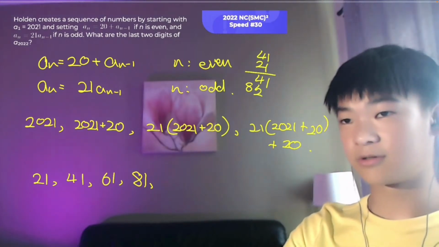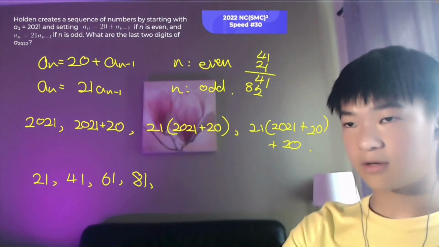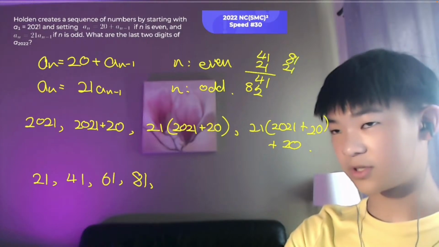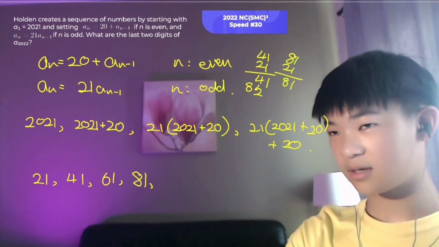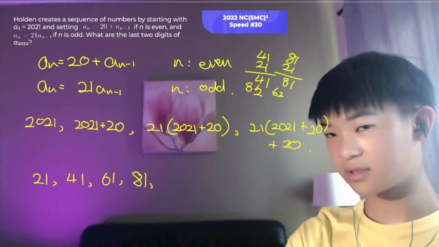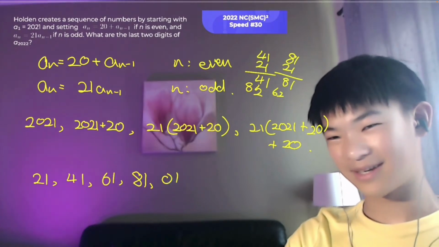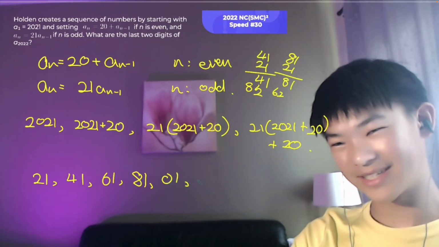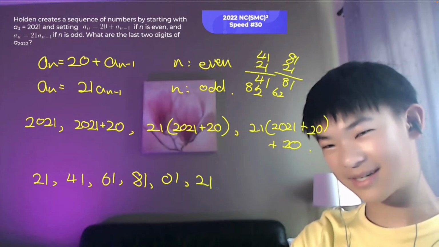So we can do 81 times 21, which is 1701, so 01. And then we add 20 again. So 21. And then we multiply by 21, which again, we get 41, and then 61, and then 81, and so on.